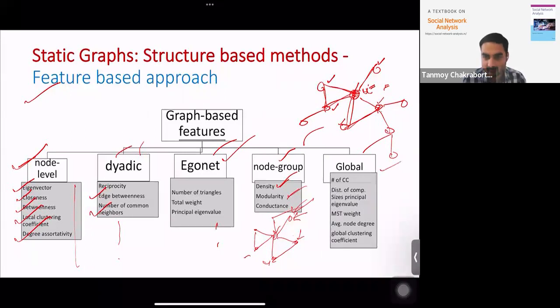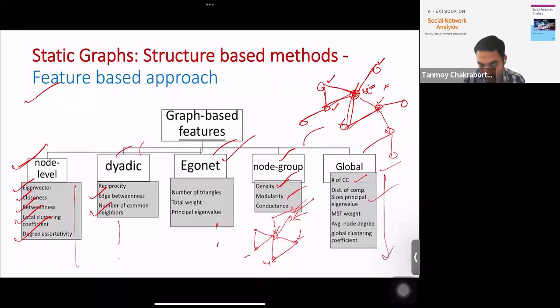Then we have global properties. For example, the total number of connected components in the graph. Then the distribution of the size of the different components. Then you can take some shortest path, average degree, global clustering coefficient, and so on and so forth.